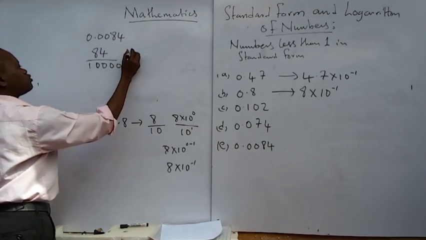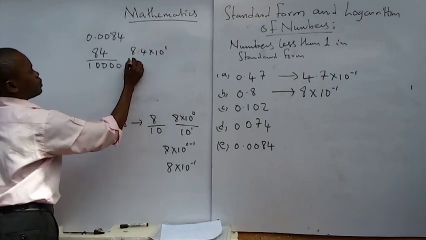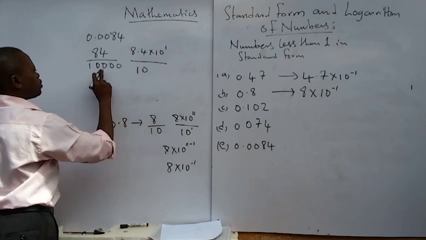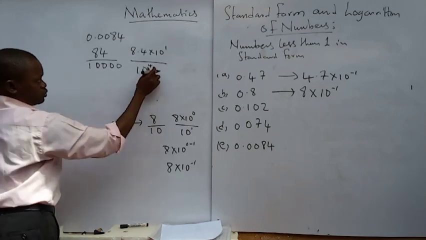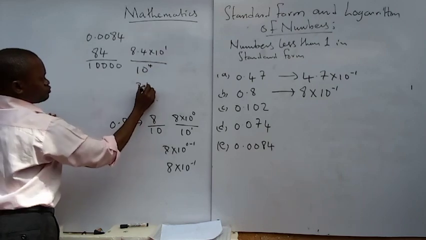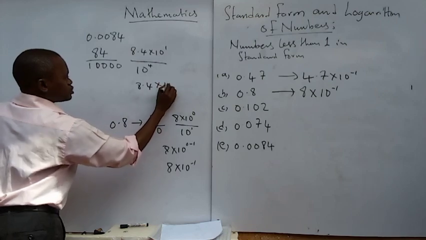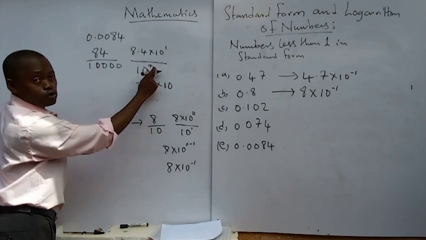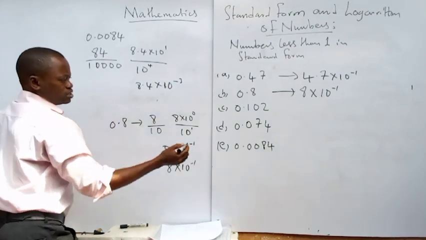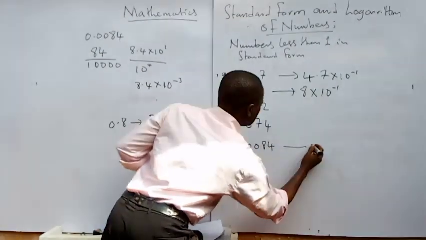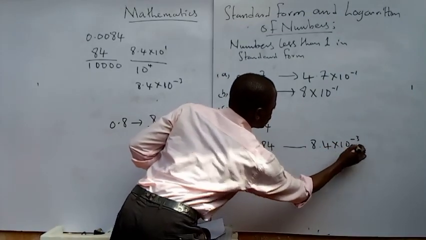And this in standard form will be 8.4 times 10 raised to power 1 all over 10 raised to power how many? 4. So you know what will happen here now? This is like 8.4 times 10 to power 1 minus 4, which will give us minus 3. So this in standard form is 8.4 times 10 raised to power minus 3.